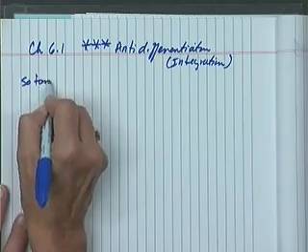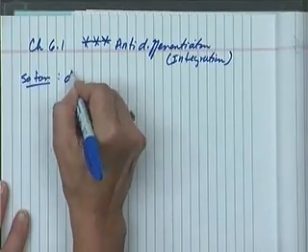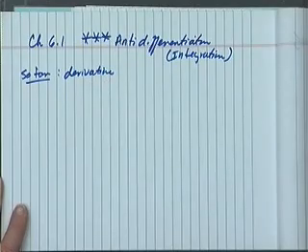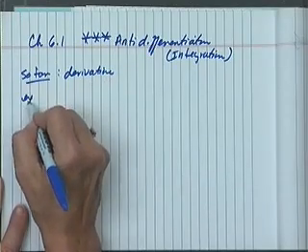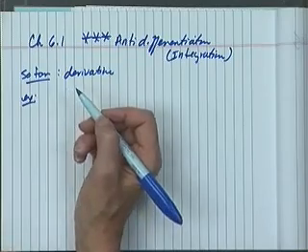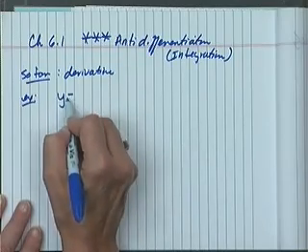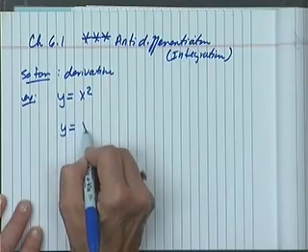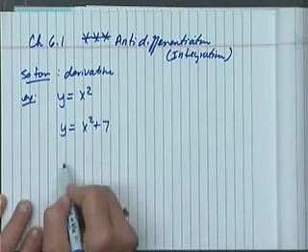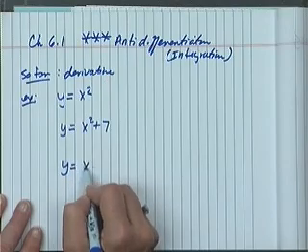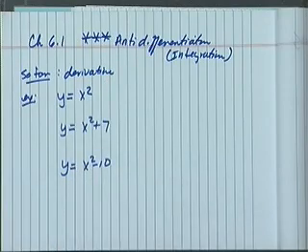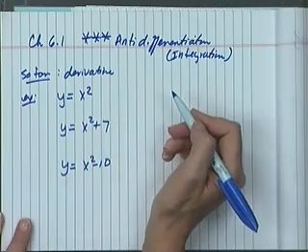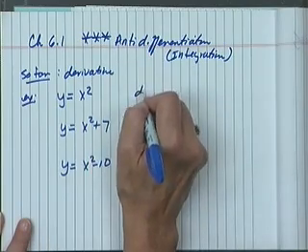So far, we can find the derivative. We know how to find a derivative. For example, I'm going to write down a couple problems. y equals x squared. y equals x squared plus 7. y equals x squared minus 10. Let's take the derivative of these three problems.